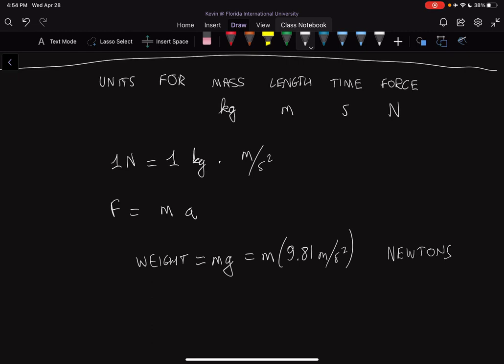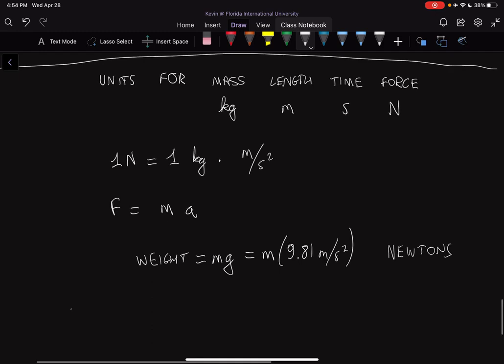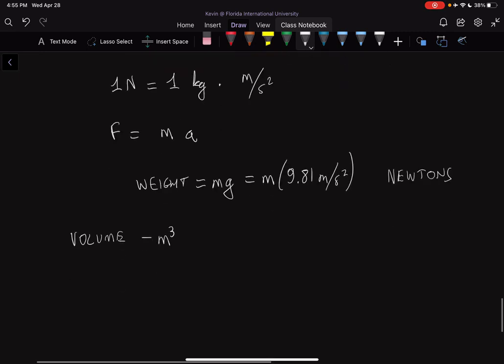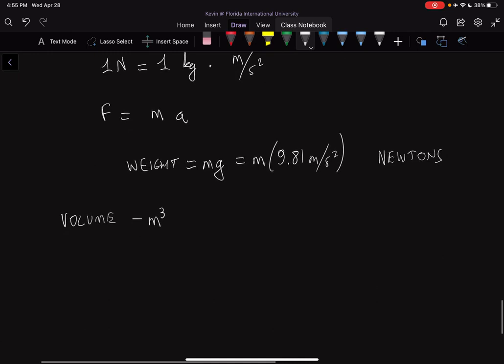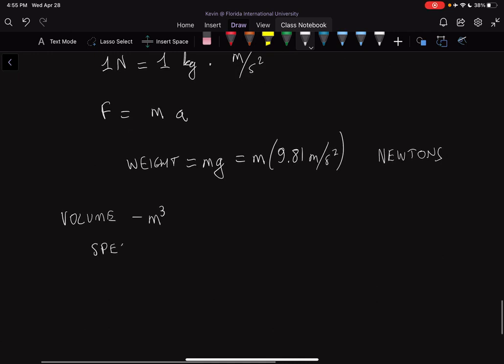Okay, now volume is going to be in meters cubed as our SI unit. And in this class, we're also going to be using a unit called specific volume. Okay, and specific volume is a little v.